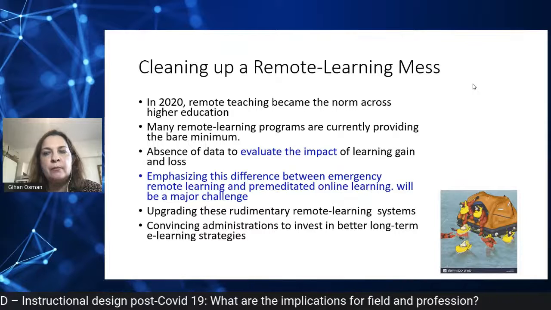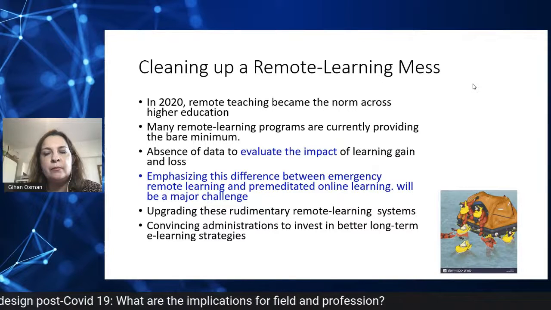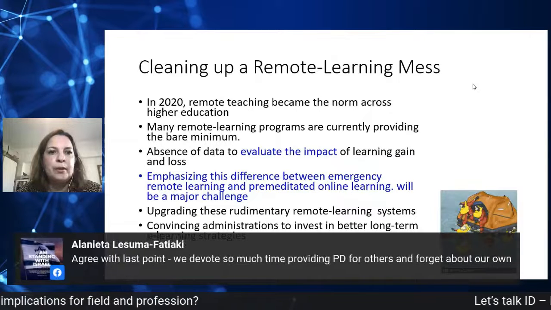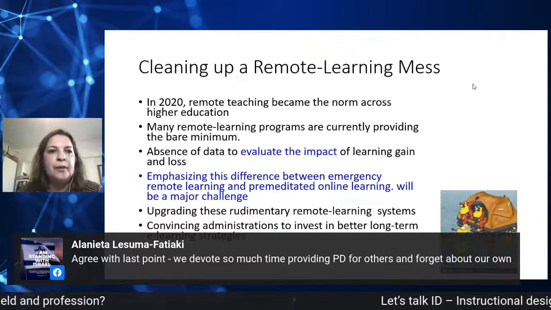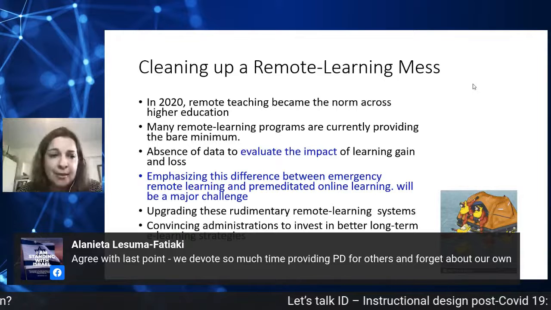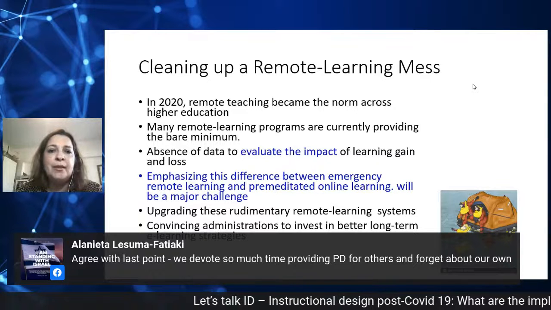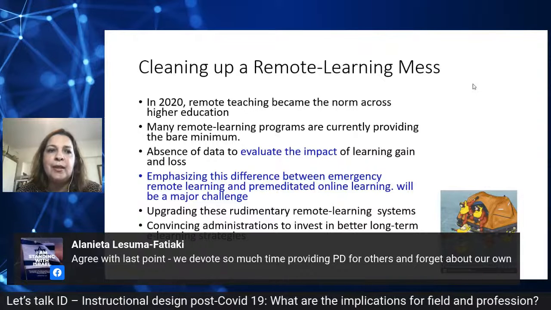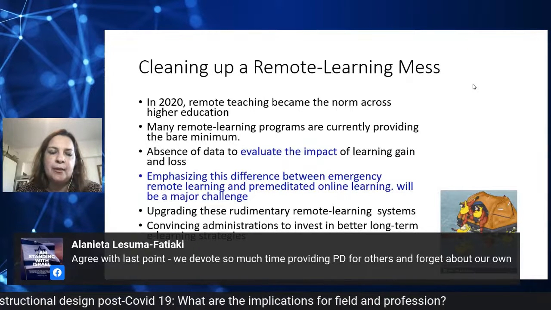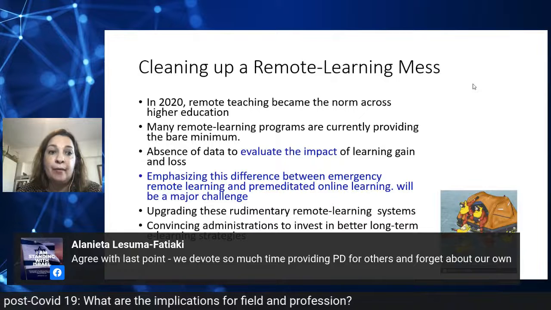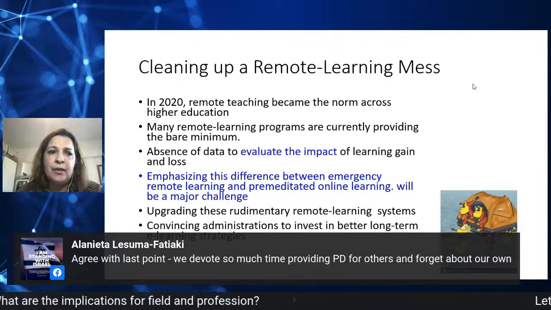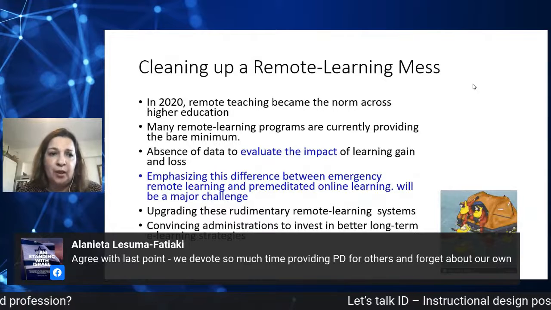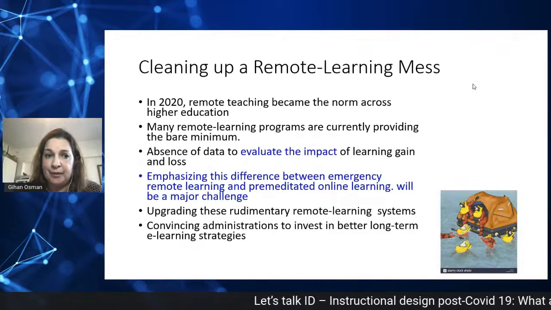So the non-expert looked at everything that was happening, the remote emergency teaching, as online learning, believing that this is online learning, and this is extremely dangerous because the main tenets of online learning is really deliberate, planned, designed by experts, and where every component is really thought of and prepared for. Very different from what we saw during the pandemic.